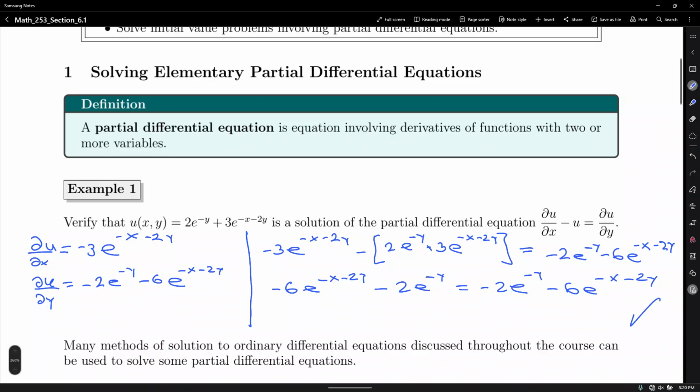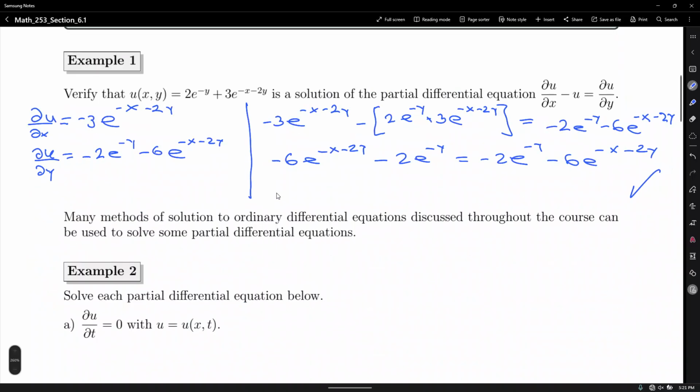Now the question here is, how do we solve that equation? In the next section, we're going to use a special case of separation of variables for partial differential equations, which you'll see.